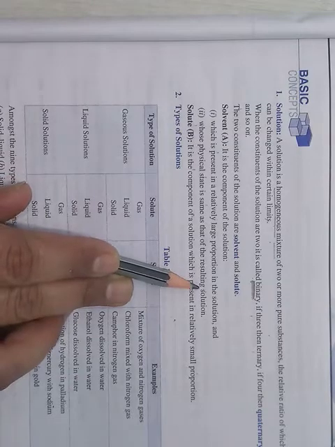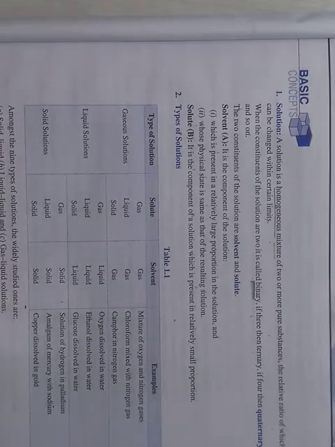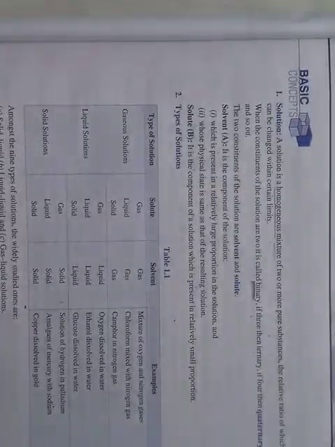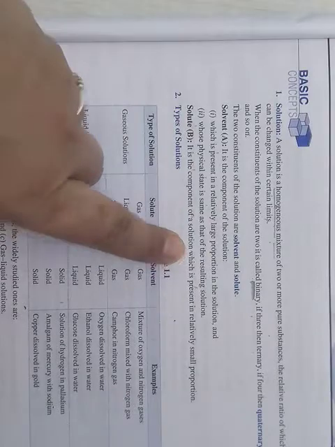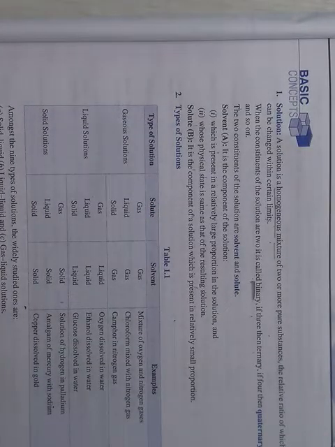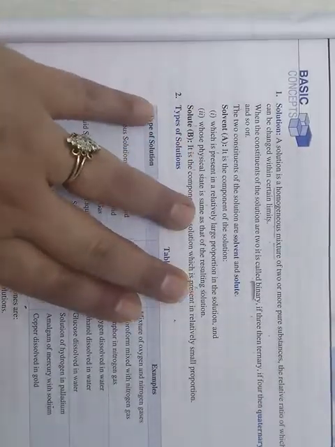For example, we are making the solution of salt and water. So salt will be the solute and water will be the solvent. The second point says that the solvent will be that component which has the same state as the resulting solution.